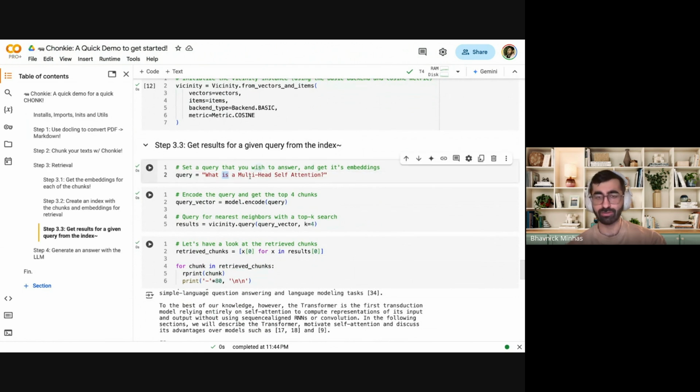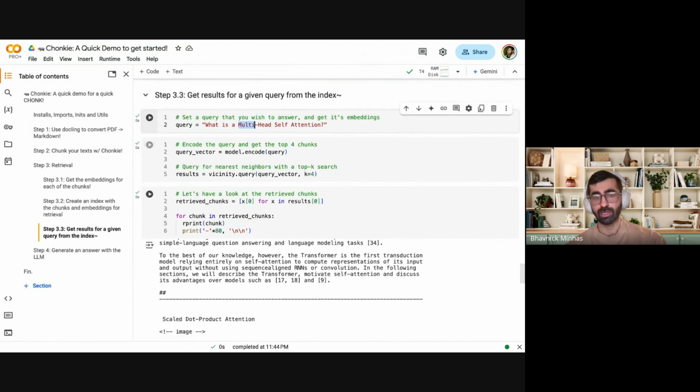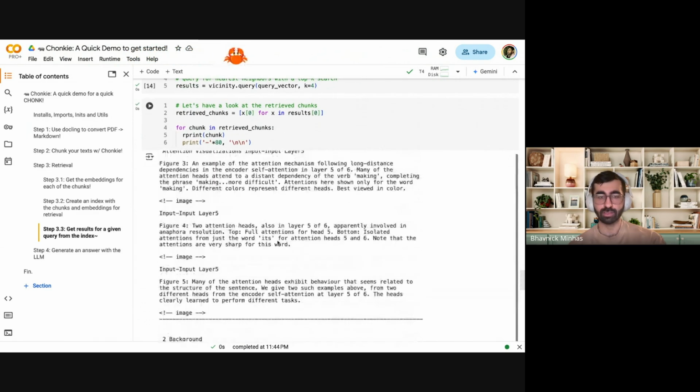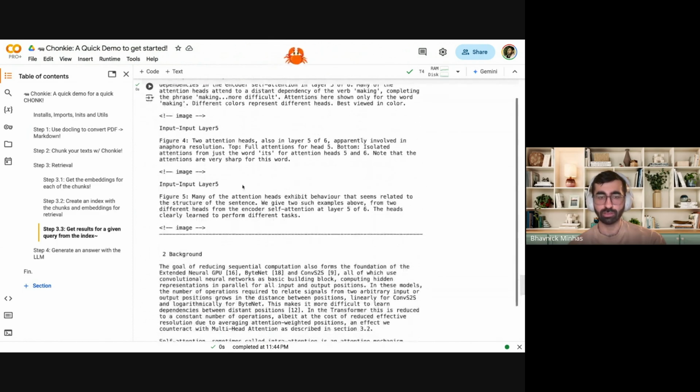In my case, I just had "multi-head self-attention" as a query, like what is it? We do a retrieval at this step by converting the query into vectors, and then we call the index with that vector. We get the top four chunks here, and it results in these four chunks split out by these demarcators.